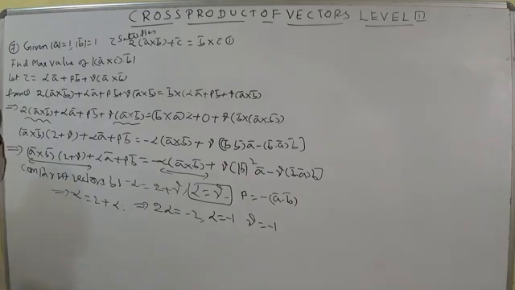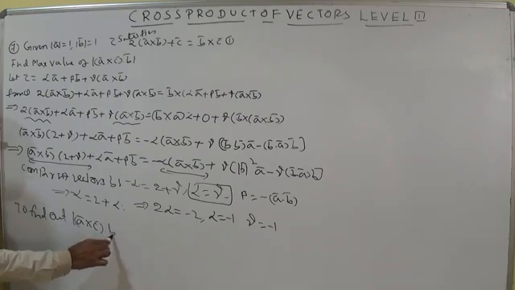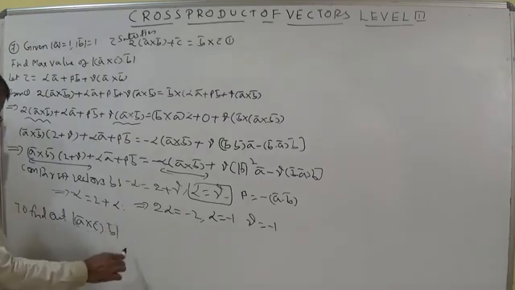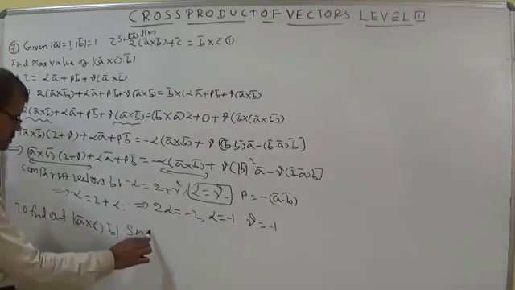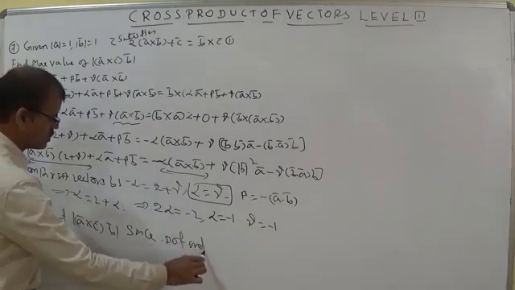Now using this one, what should we find out? To find out modulus of A cross C dot B. Modulus of A cross C dot B. Right, here, since dot and cross can be interchanged.